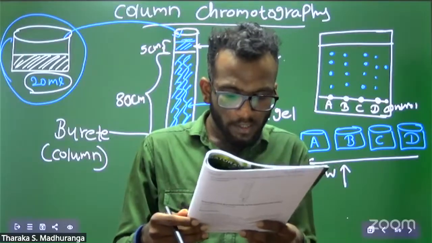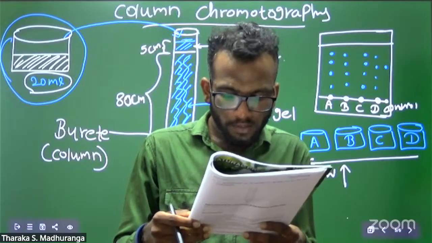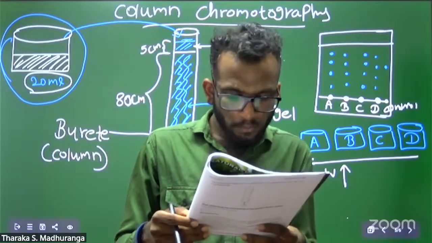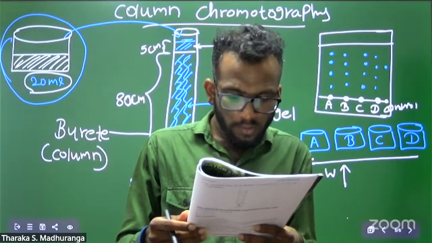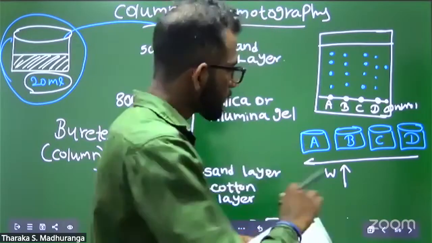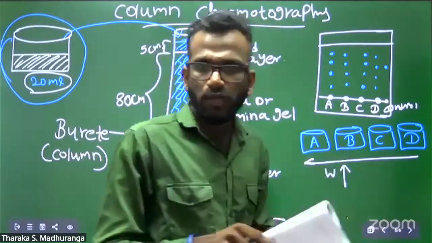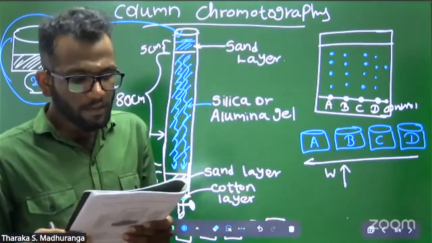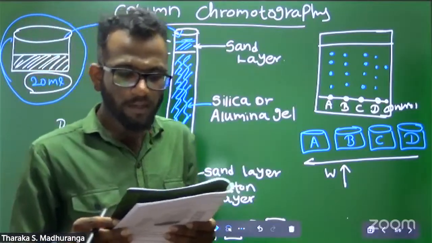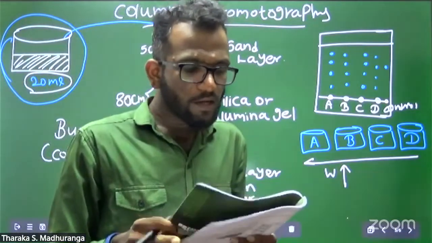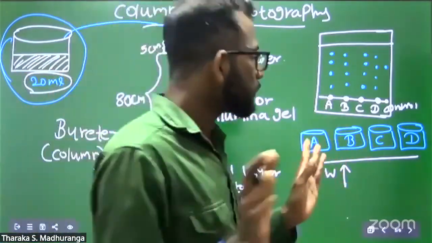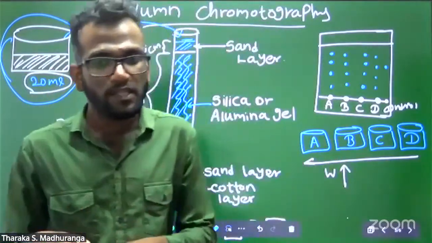Here, depending on the polarity of the compounds in the mixture, the solvent used in the mobile zone separates the components and impurities, and according to the weight they are separated. The collected tubes can be identified by examining them with thin layer chromatography. After that, thin layer or paper chromatography also we can use, but the recommended way is thin layer chromatography.